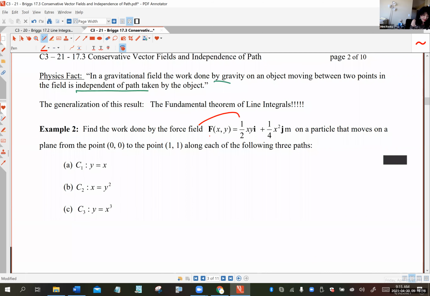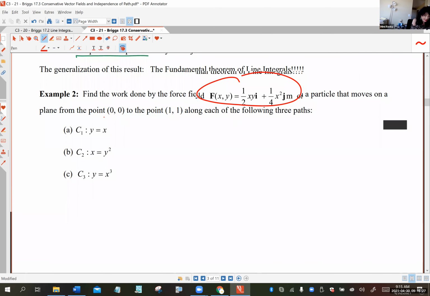So let's say you're given a new vector field. There it is. It's given to you in a different format, not component form, but this linear combination of the standard unit vector format. And let's say they give you the starting and stopping points along 3 different ways. So 0, 0 to the point 1, 1 in 3 different ways.